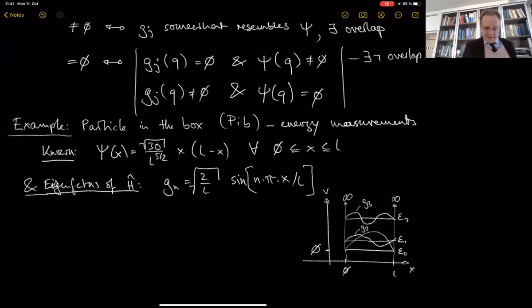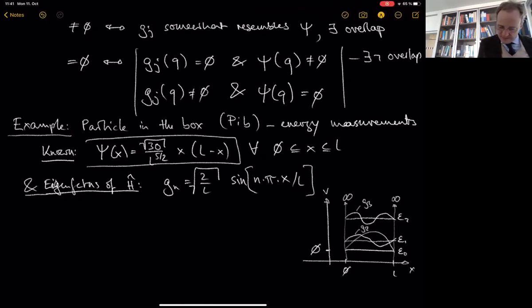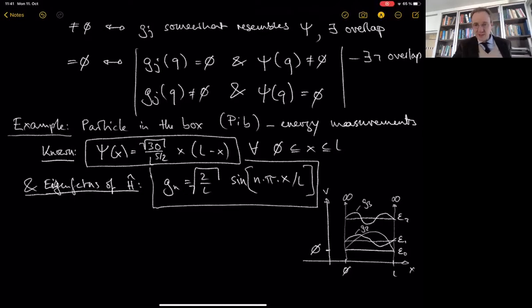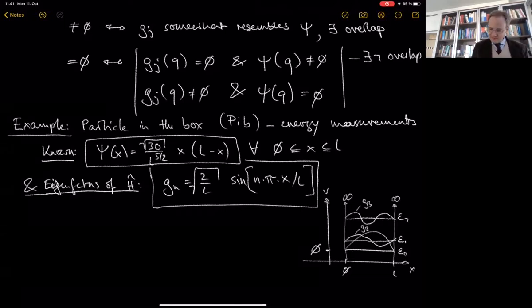But the total wave function is known as this one, that's the top. It's the total function, and that's just one of the eigenfunctions, so they make up the set of eigenfunctions.